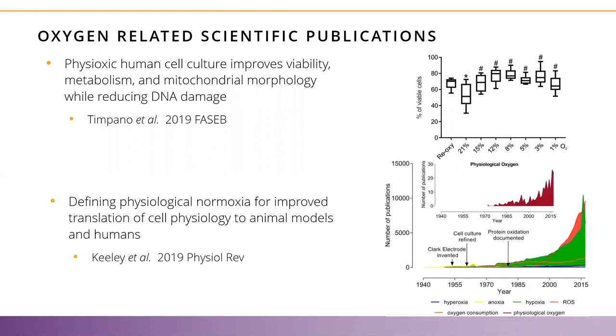And to discuss this at length, recently a review by Keeley et al. has been published, titled Defining Physiological Normoxia for Improved Translations of Our Cell Physiology Research towards Animal Models and Humans. On the right side, you see two different graphs. The larger graph shows the number of publications, which have clearly been increasing since 2000 towards 2015, with topics of hyperoxia, anoxia, hypoxia, ROS.